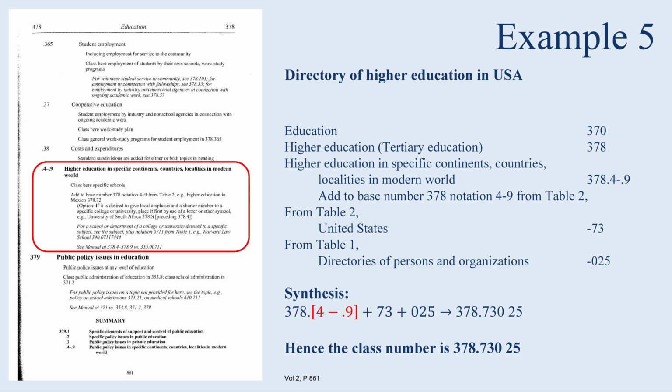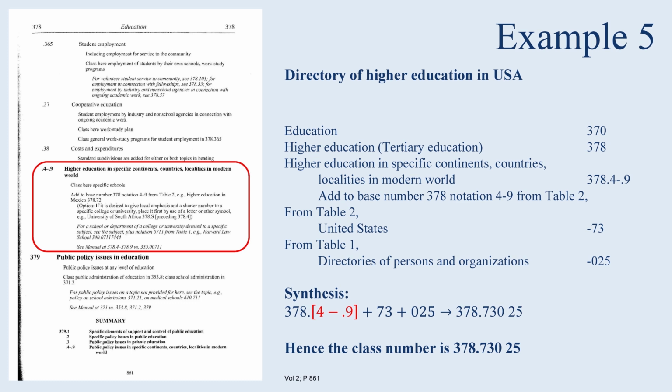Then add the areas notation for USA, that is 73. We have got it from table 2. Finally, from table 1, we add the number for the directories of persons and organizations, that is 025. Our final number will be 378.73025. This is the number for directory of higher education in USA.